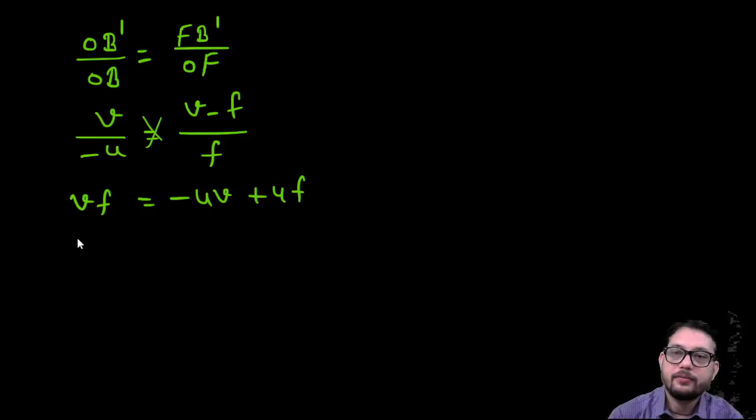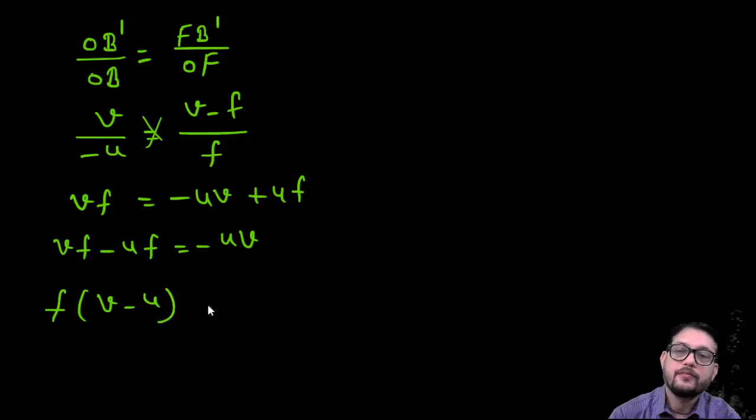Now take F to one side, so VF minus UF will be minus UV. If we take F as common, F times V minus U is equal to minus UV. Or you can also write F times U minus V equals UV.